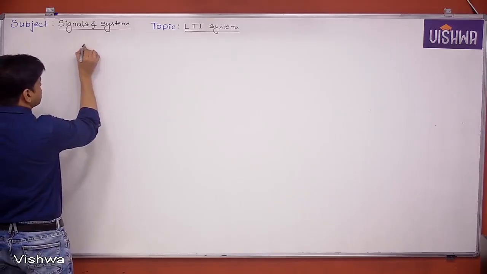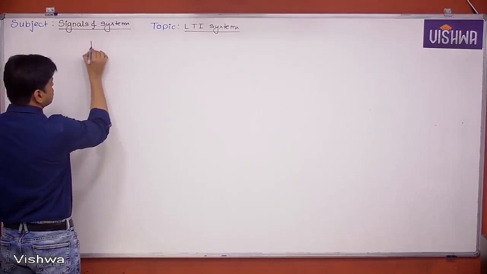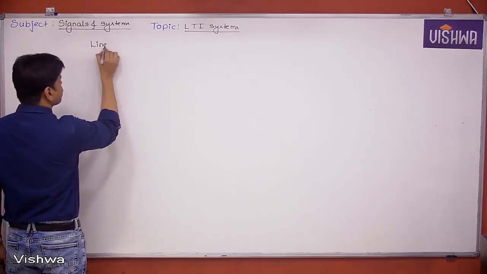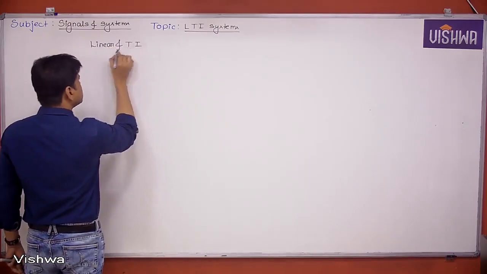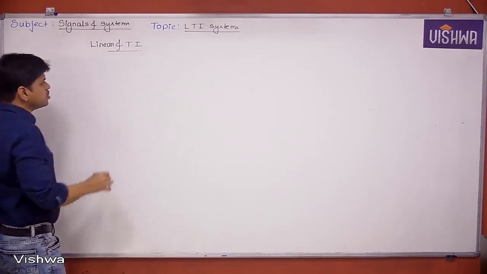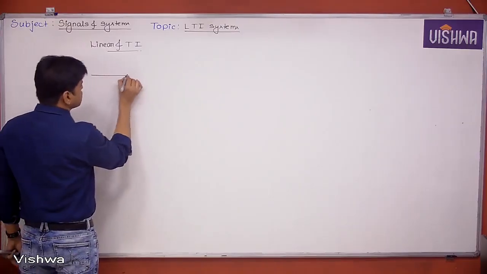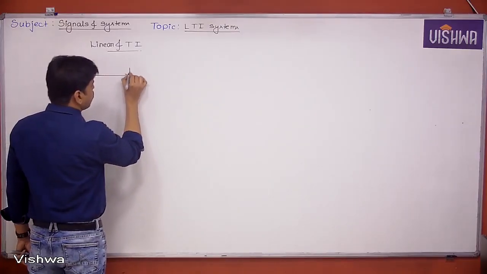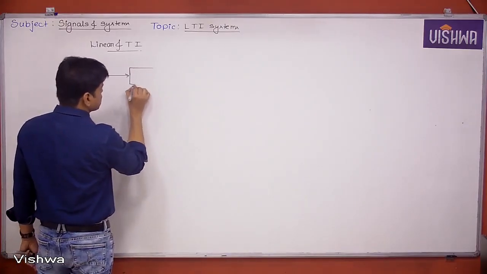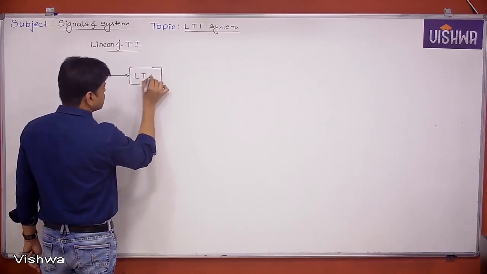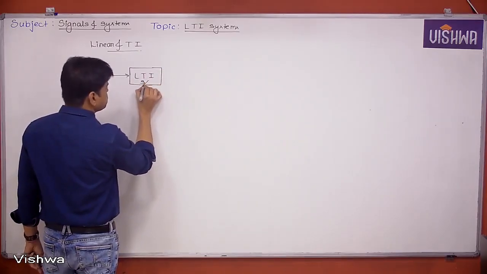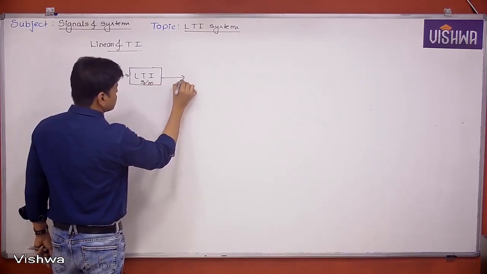So it has to satisfy both linear and time invariant. Suppose I take an LTI system, what input output relations can it give?